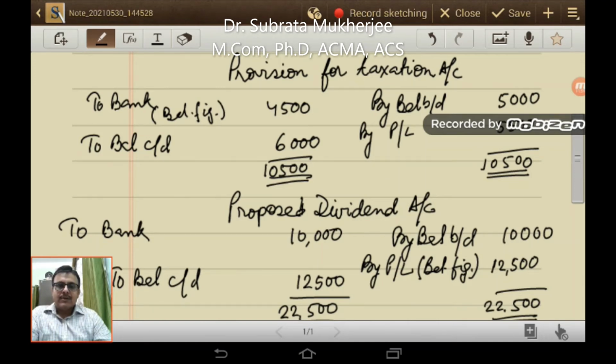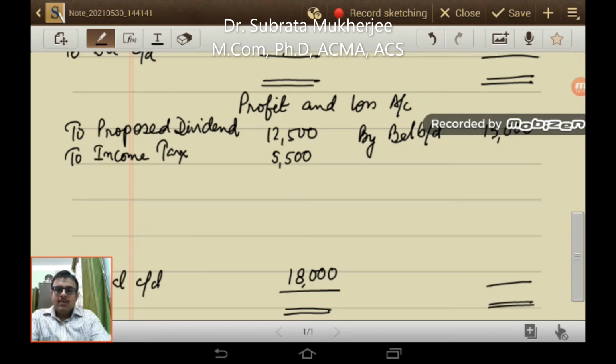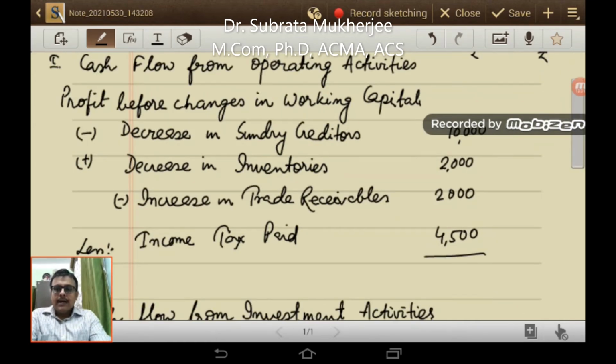So the amount of 5,500 I will place in the P&L account, and the amount that has been paid to bank is 4,500. This amount will be shown in the cash flow statement under cash flow from operating activities. In profit and loss account I have placed income tax 5,500, and income tax paid is shown under cash flow from operating activities as less income tax paid rupees 4,500.